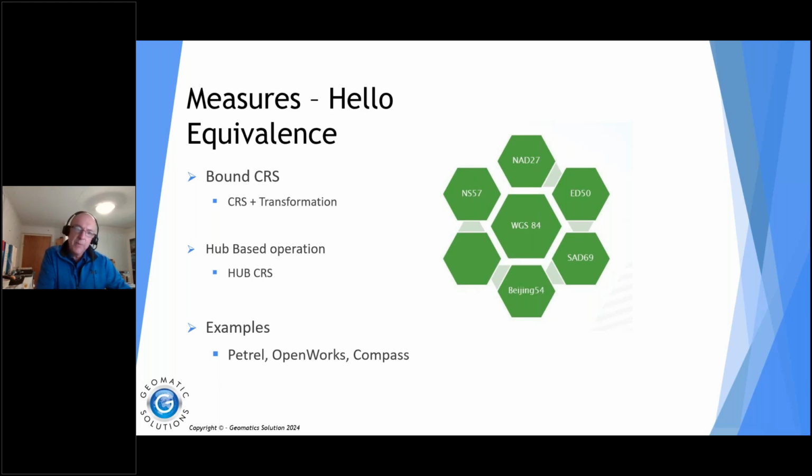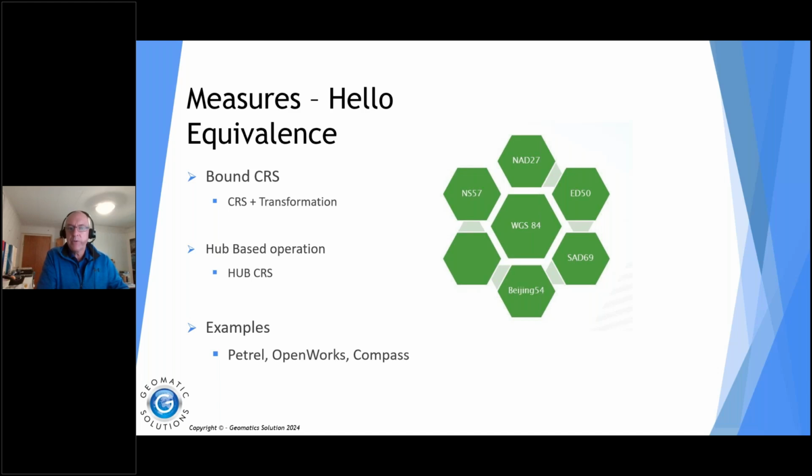The way most of the applications deal with this is to implement something called a bound CRS, sometimes referred to as an early bound CRS. What it means is that we tie a coordinate reference system such as NAD27 together with a transformation. And the transformation destination is another system called WGS84, which is a global system.